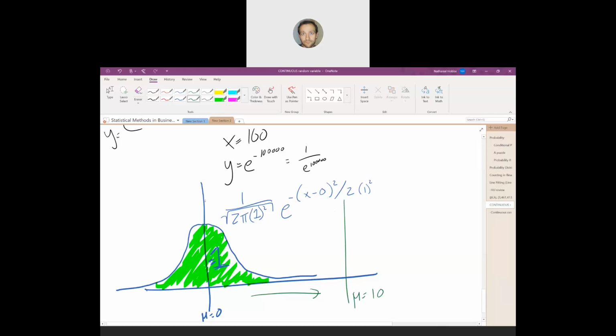All right? So if I shift this, well, what's the best way to do this?